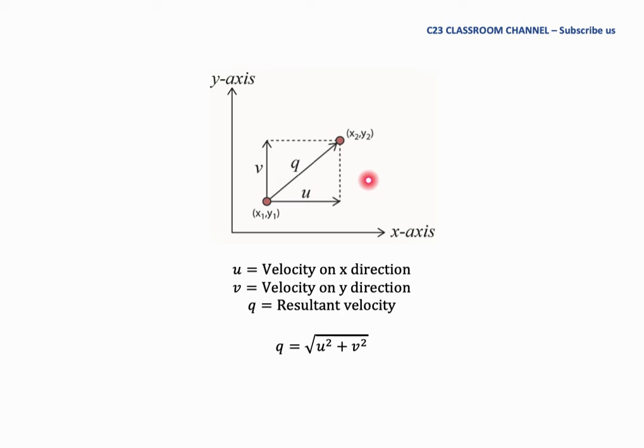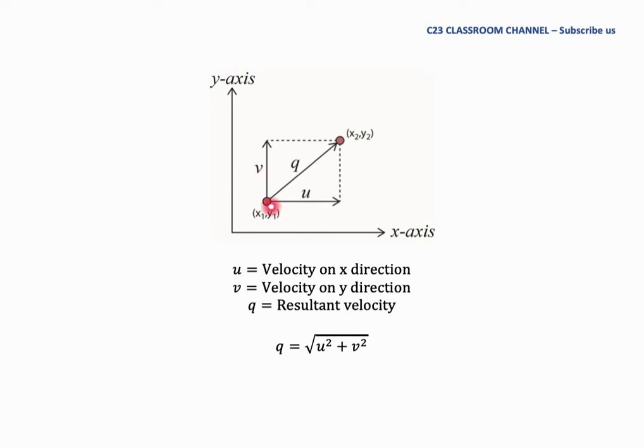However, if we look from the idea of component velocity, we could say that this molecule has an x-axis component velocity written as small u here and a y-axis component velocity written as small v here.